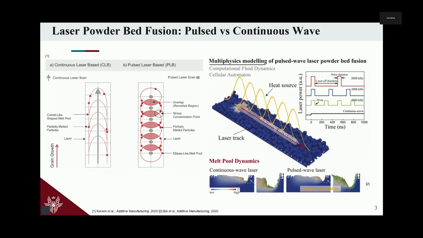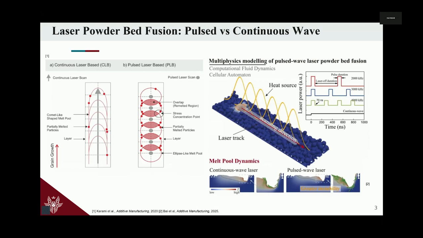It can be a pulsed wave or a continuous wave. Within this, the overall melt pool dynamics will totally change if we use a pulsed wave strategy with respect to a continuous wave strategy. This will affect the morphological properties and consequently the mechanical properties, and will assess the structural integrity of the components.